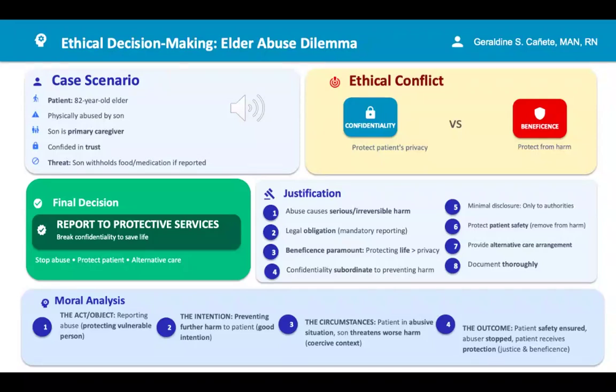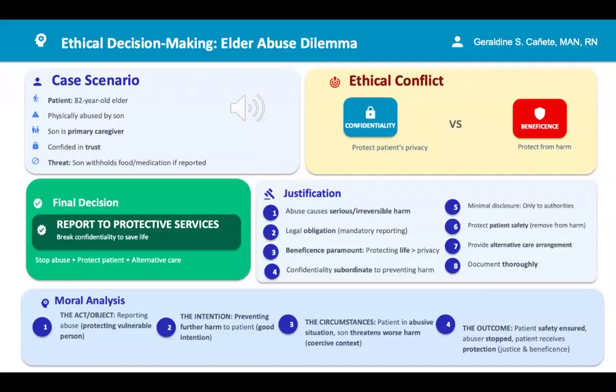Abuse causes serious or irreversible harm. The abuse is causing physical and emotional harm to the patient and is putting their life at risk. In fact, the 82-year-old patient was admitted to the hospital because of malnutrition and dehydration, so obviously there seems to be neglect.